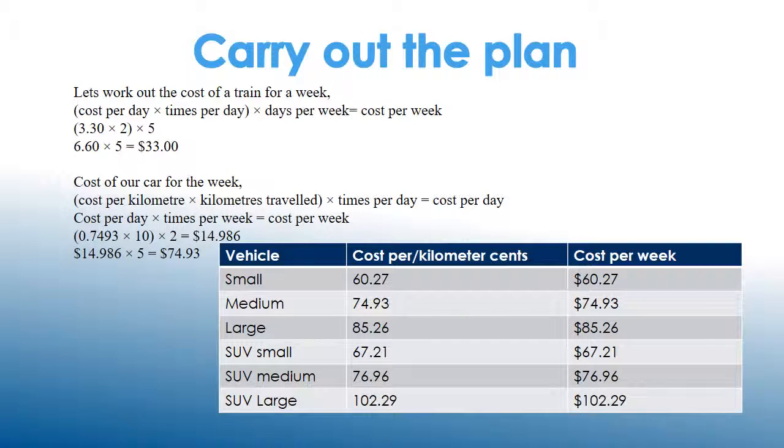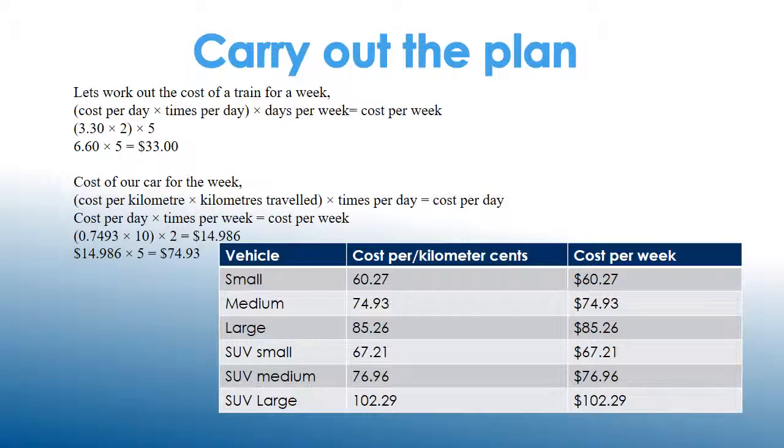Then we multiply that by the days per week travelled to equal the cost travelled by public transport. So 3.30 times that by 2 equals $6.60. And then we multiply that by 5 and we get $33. So we know it's $33 per week to travel to school.